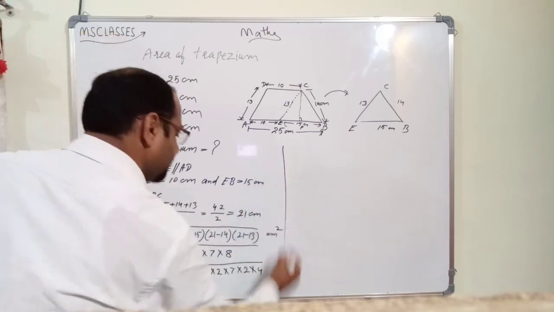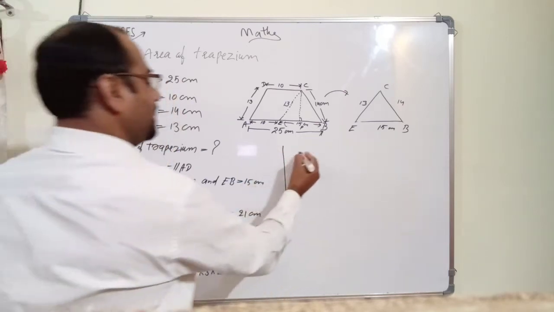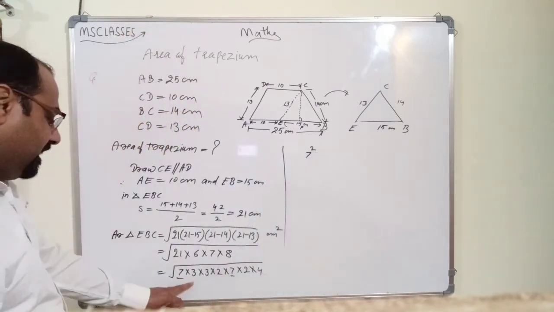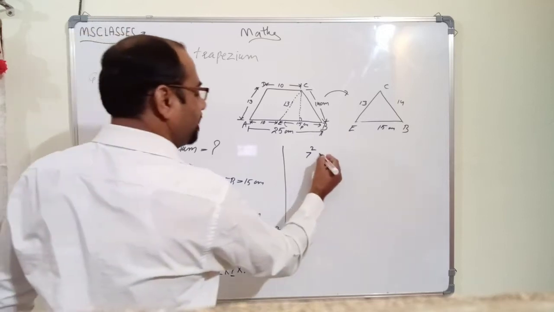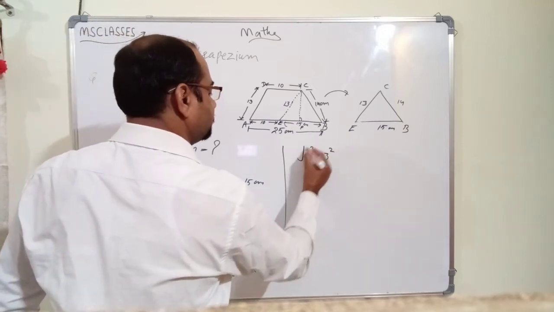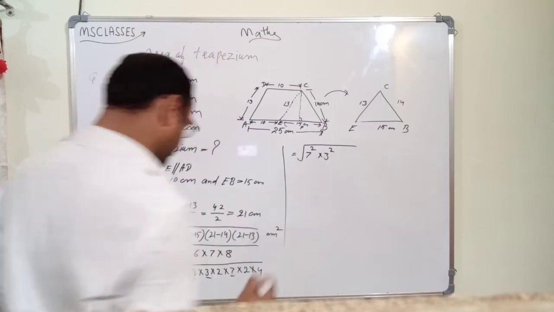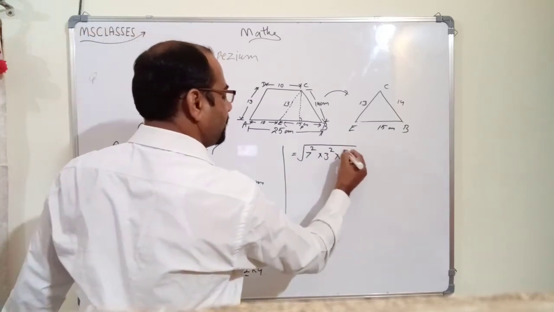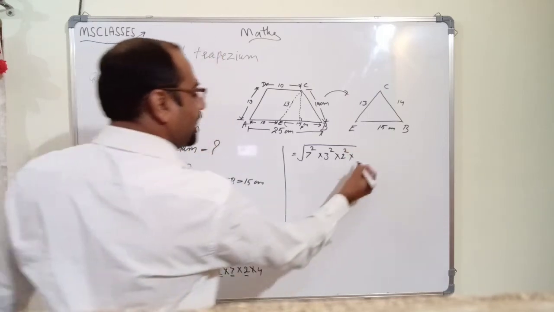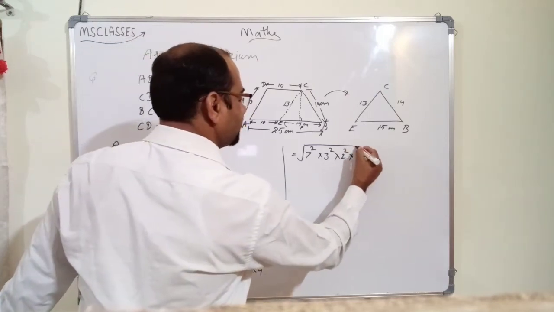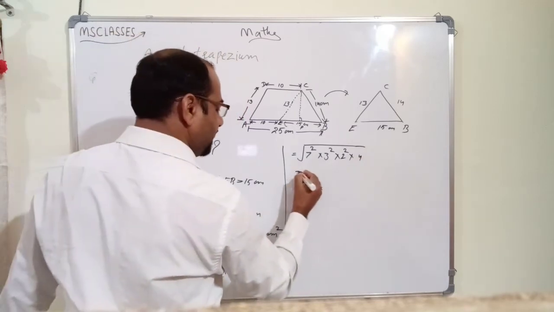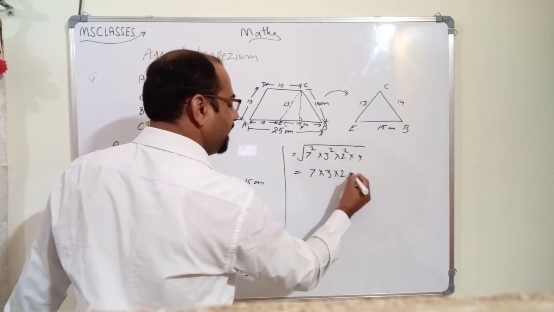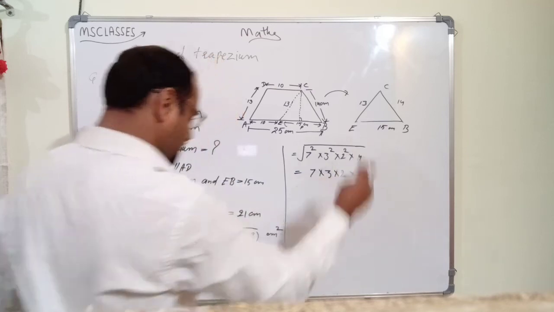So guys, here we have 7 two times, and again 3 we have 2 times, 2 as 2 times, and 4 as it is. So here we can take 7 outside, 3 outside, 2 outside, and 2 outside from this 4.